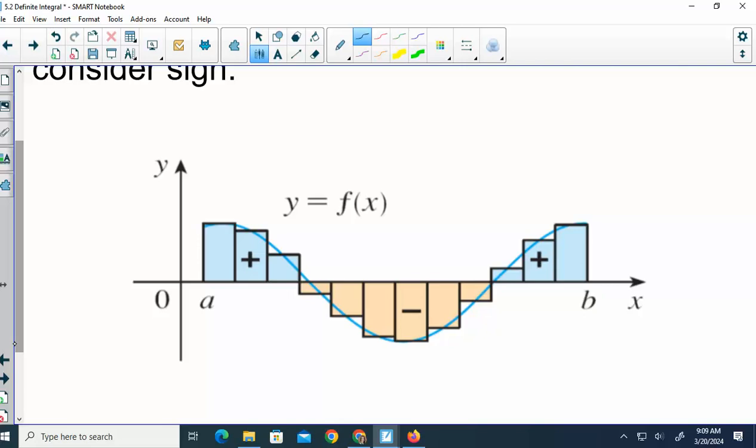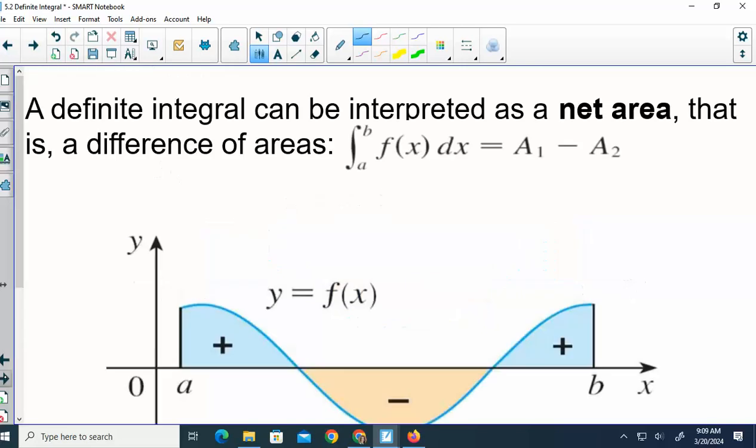And so when we find the integral, it's actually giving us what's called the net area, which is like the positive minus the negative. So it's possible that we might have a curve with an area of 0, meaning there are equal parts above and below the x-axis. It's also possible that we could get an area that is negative at the end, meaning that there is more below the axis than above the axis.